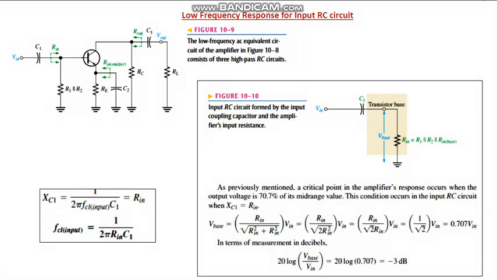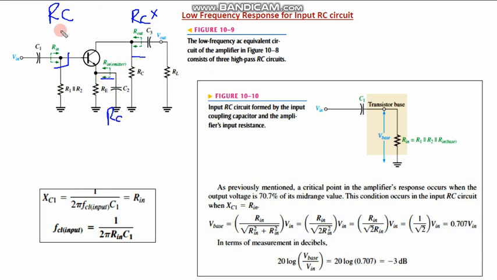Now this slide basically shows how we can simplify our circuit when RC circuits are formed. Over here we assumed only the formation of an RC circuit at the input, and in this lecture we can ignore this RC for the time being, and I can ignore this RC for the time being, over here and over here.